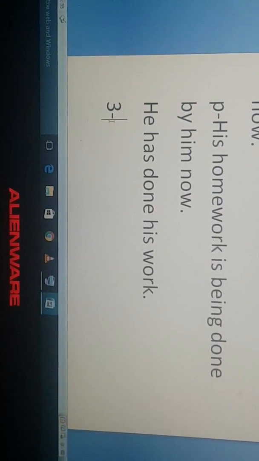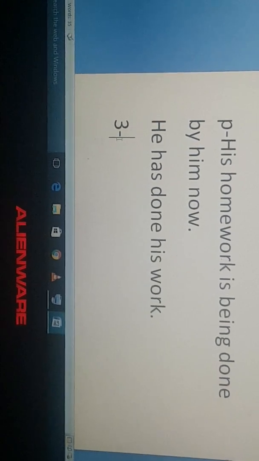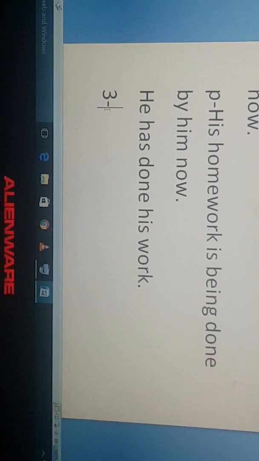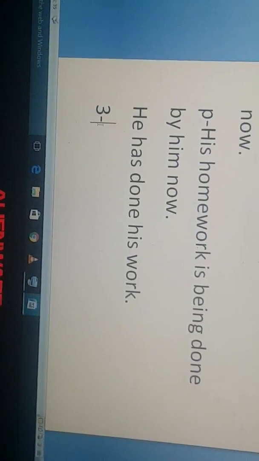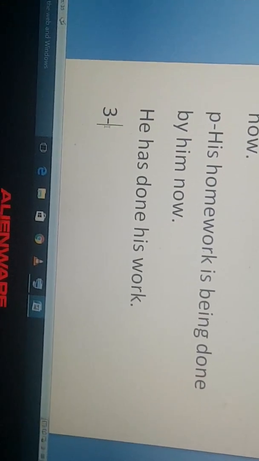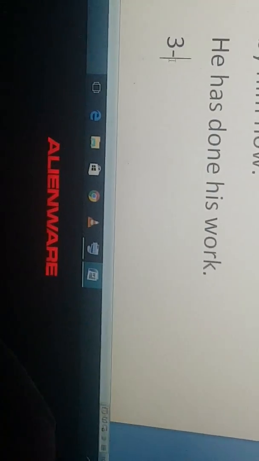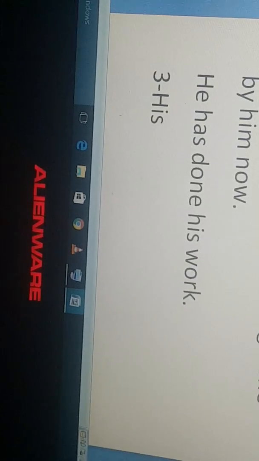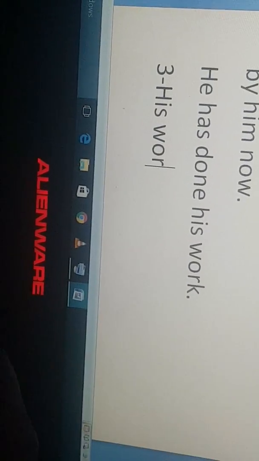Now in present perfect tense, the rule and regulation will be different. For example, he has done his work. First let us find out the subject. What has he done? The answer is his work. So automatically in passive it will be his work. We have detected the subject.